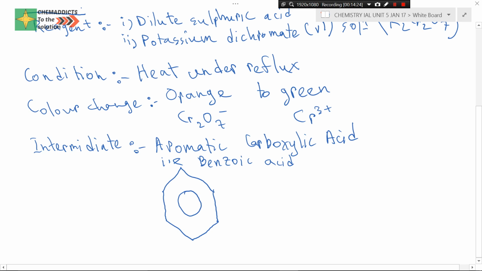So this looks like the structure of benzoic acid. Here the carboxylic functional group, COOH, is directly attached to the benzene ring, so that is why we are calling this benzoic acid. So in here, what is actually happening, let us observe.